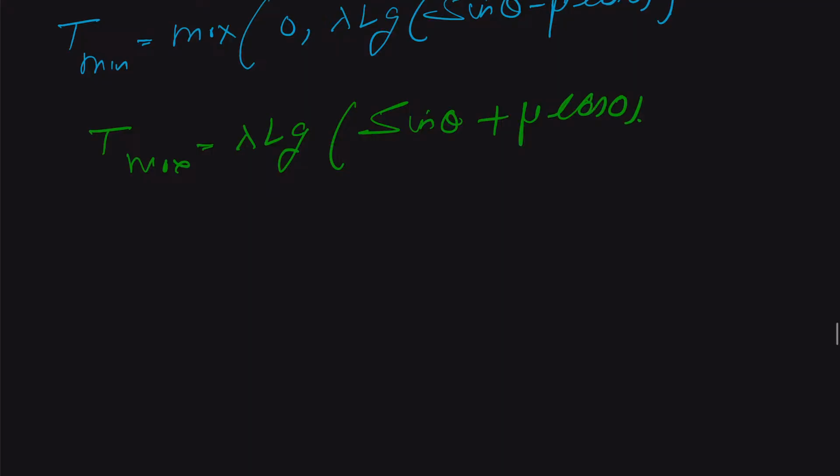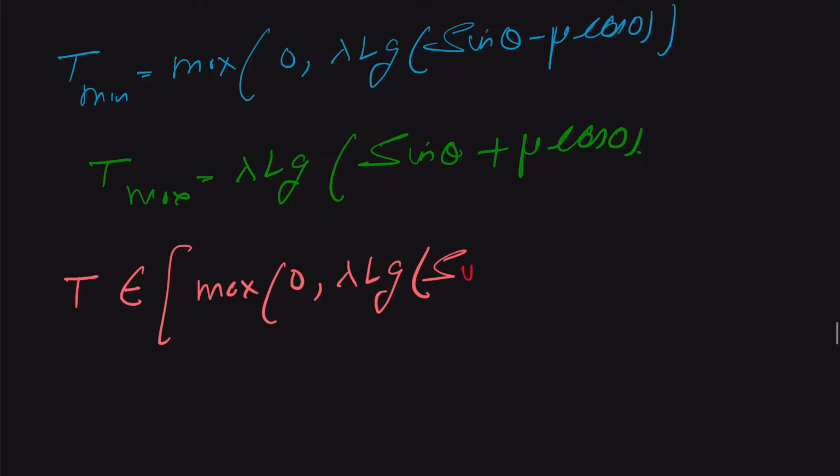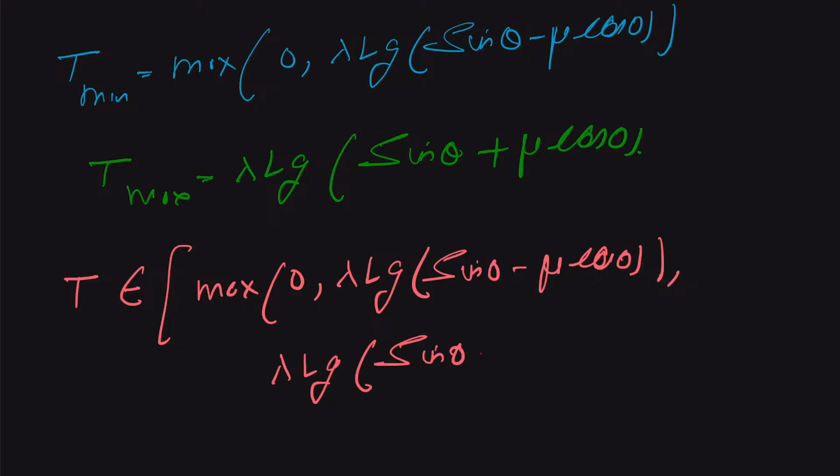Or in simpler terms, we can write that our tension T belongs to max of 0 comma lambda Lg sine of theta minus mu cos of theta, and lambda Lg sine of theta plus mu cos of theta.